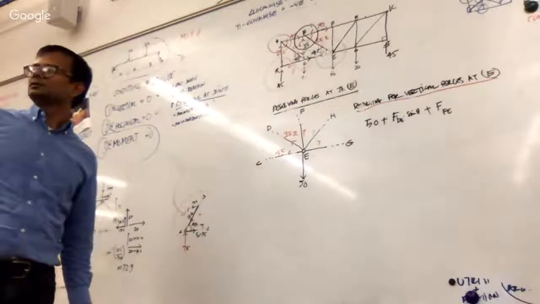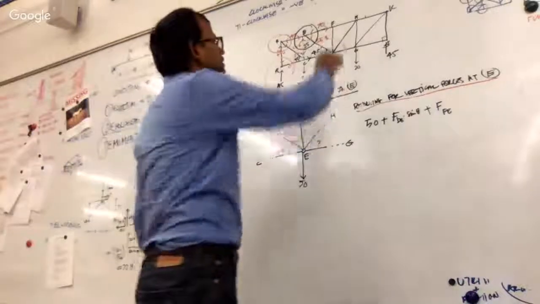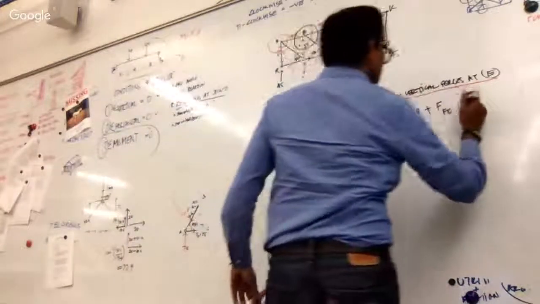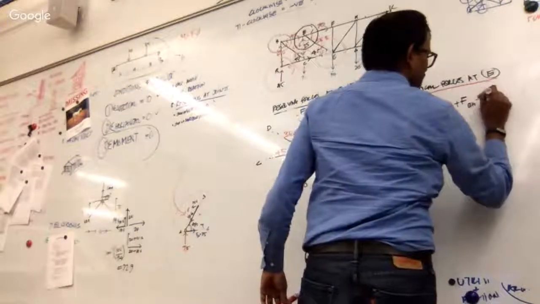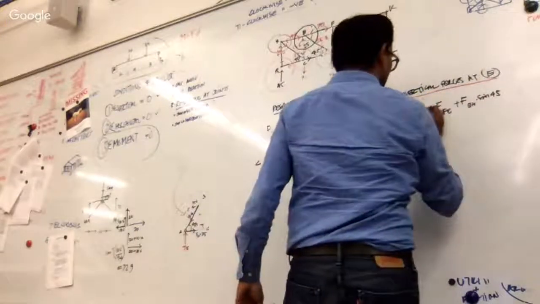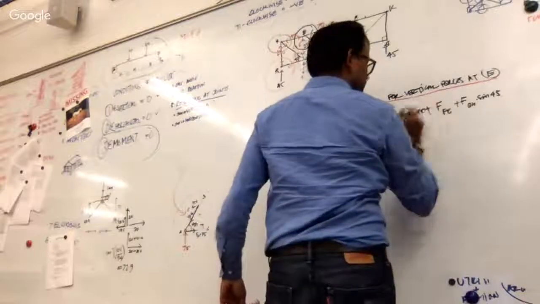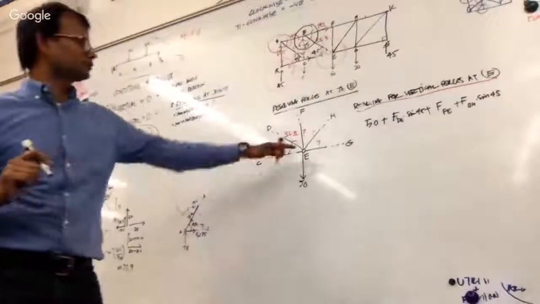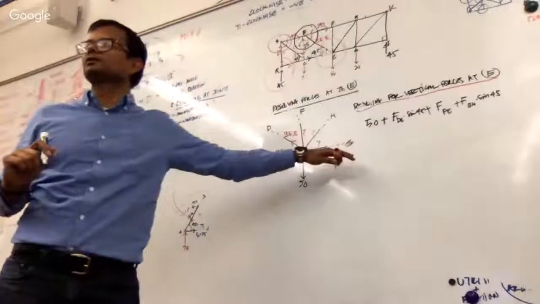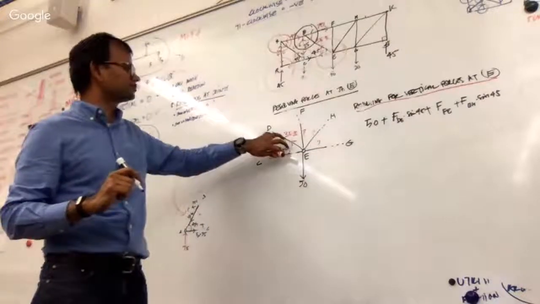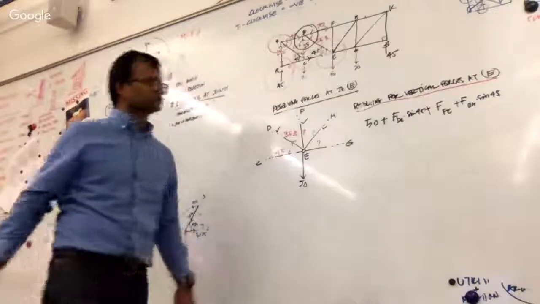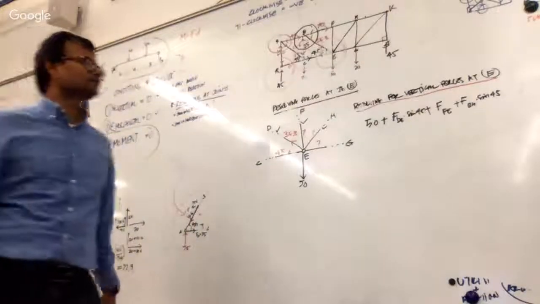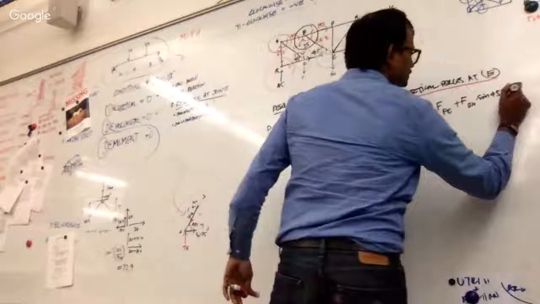Yes. F_EH sine 45, right? Any other vertical forces? Does EG have a vertical component? No. So this doesn't apply, this applies, and this applies. And the sum of all these vertical forces equals 0.